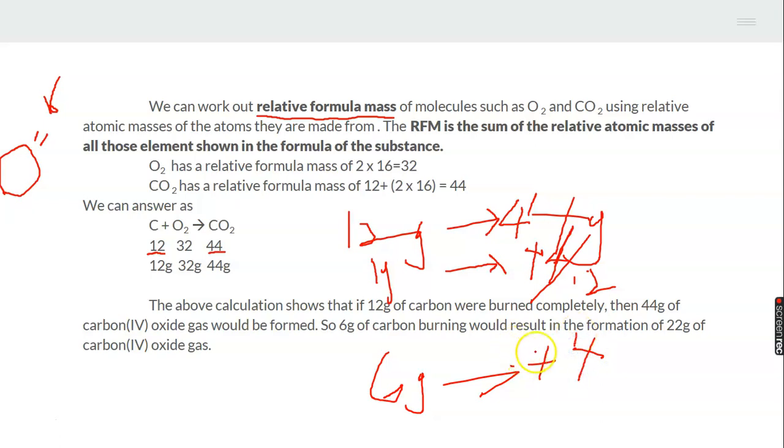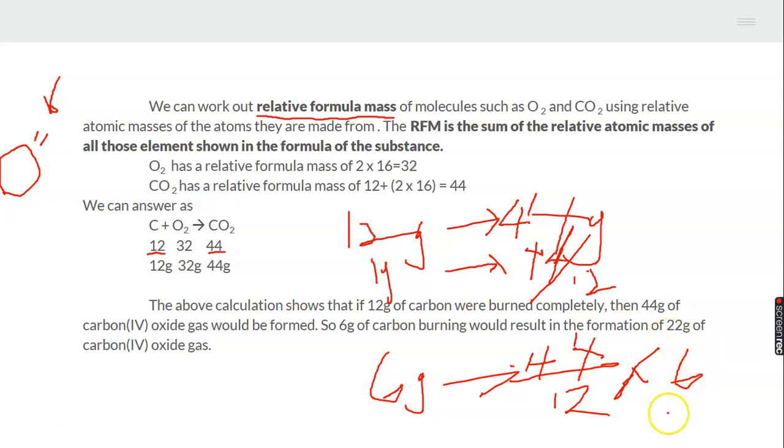Divided by 12 times 6. Hey, please, you got what I'm trying to bring out here. So if you do your crossing and all that, the answer will be 22.